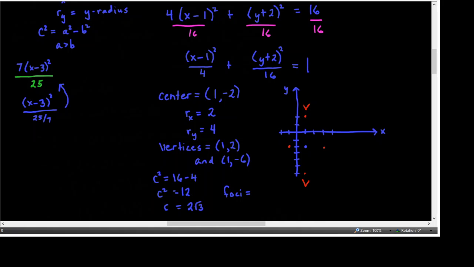The thing that changed was the y-coordinate. So the same thing's going to happen for the foci. We're going to start at 1, negative 2, the center, and we're going to move up 2 square roots of 3. So add 2 square roots of 3 to the negative 2 and subtract 2 square roots of 3 from the negative 2. And those are the coordinates of the foci.